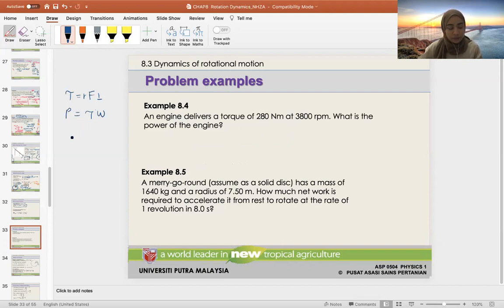And then we have work equals torque times d theta, or the change in angular displacement. So here an engine delivers a torque of 280 Newton meter at 3,800 RPM. So this is our omega, which is not in SI unit. So convert to SI unit.